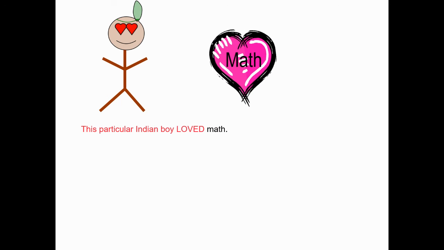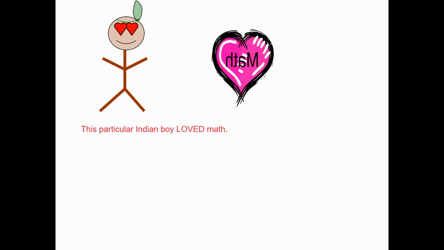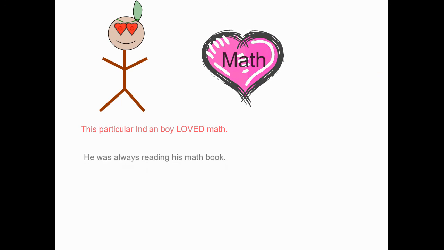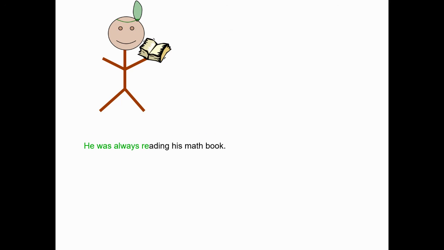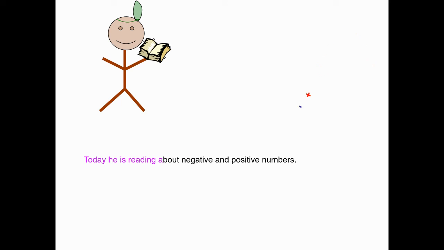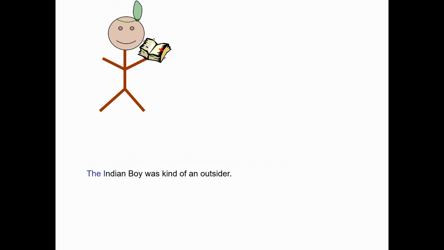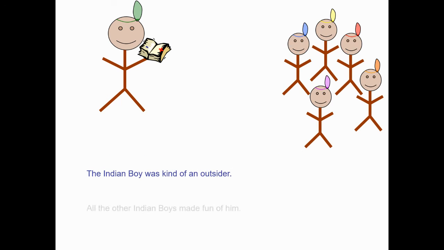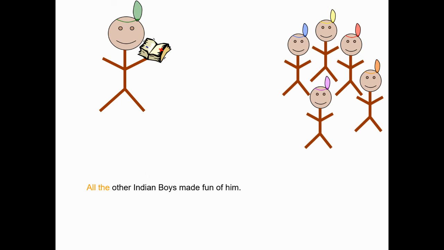This particular Indian boy loved math. He was always reading his math book. Today he's reading about negative and positive numbers. The Indian boy was kind of an outsider. All the other Indian boys made fun of him.